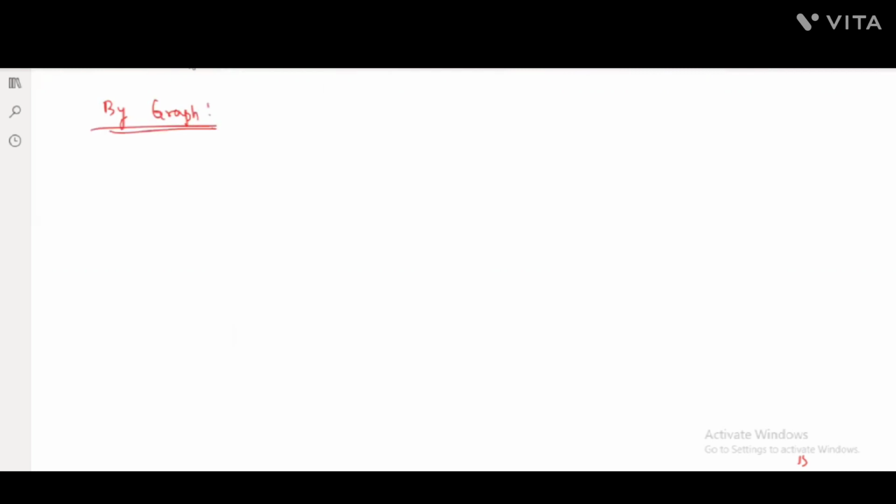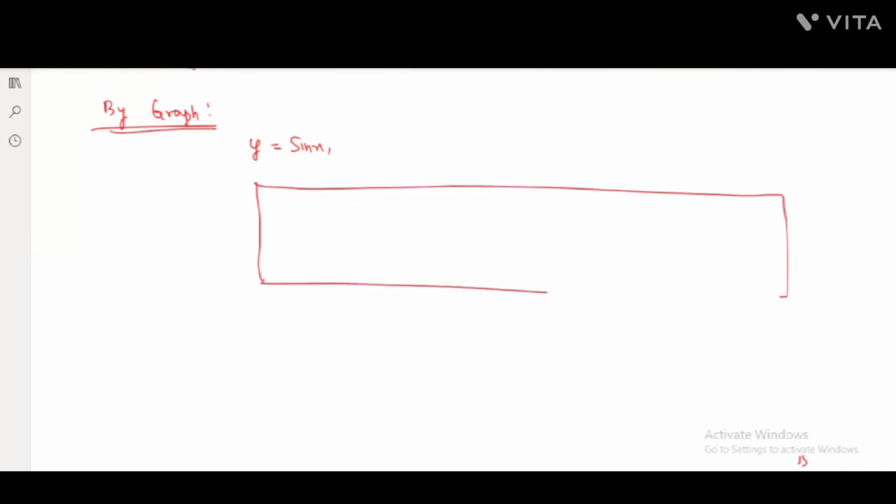First of all, I'll assume y is equal to sin x is our function. For this function, I will take different x values and find the y values, and by that we can draw the graph.